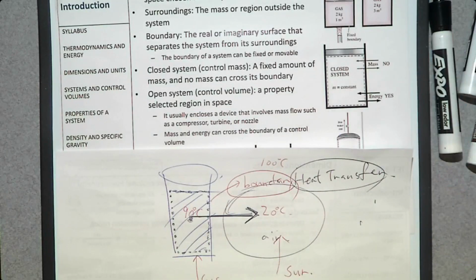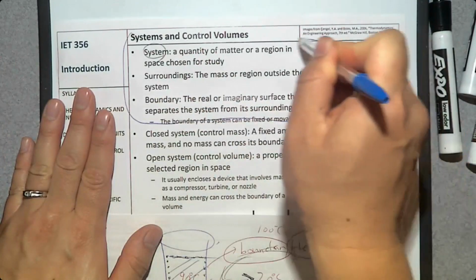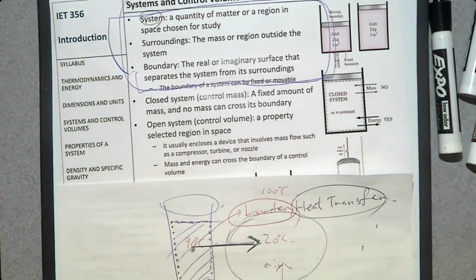So once you know the first part, system, surrounding, boundary, this is about how you design a thermodynamics problem. Once you design a thermodynamics problem, there are two ways to study it. One is a closed system. The other one is an open system.